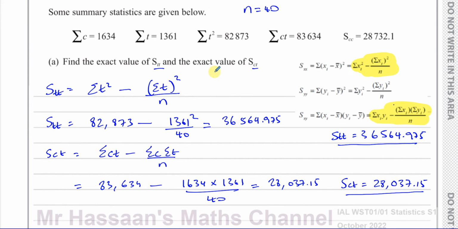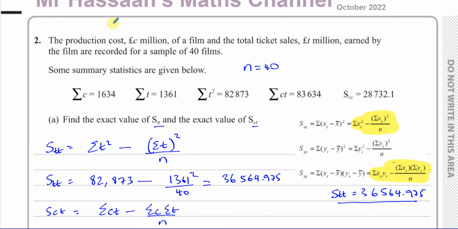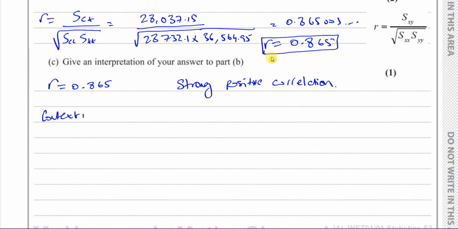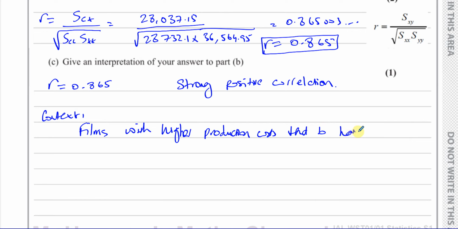Okay, so if there's strong positive correlation between the production cost of a film and the ticket sales, that means you can say films with higher production costs tend to have higher ticket sales.